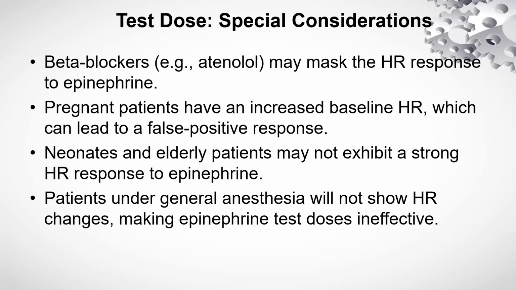Pregnant patients may have an increased baseline heart rate, which can lead to a false positive response. Neonates and elderly patients may not exhibit a strong heart rate response to epinephrine. And patients under general anesthesia, sometimes we combine epidural with general anesthesia, may not show heart rate changes, which makes the adrenaline test dose ineffective.